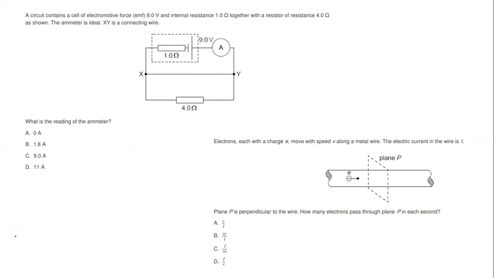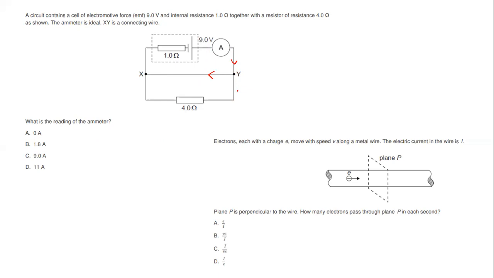What is the reading on the ammeter? Now what will happen? The current always takes the easy path. So it comes all the way around here, and XY is a connecting wire, which means you have shorted it. This is a resistance-less wire, so all the current will go like this.